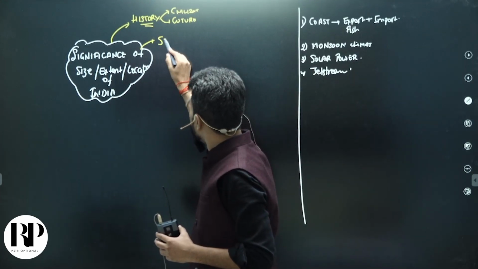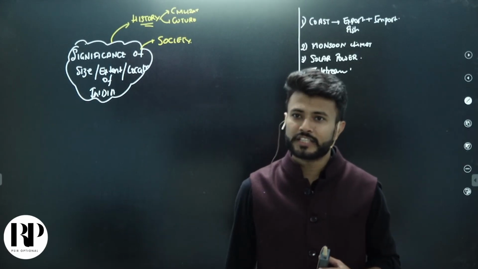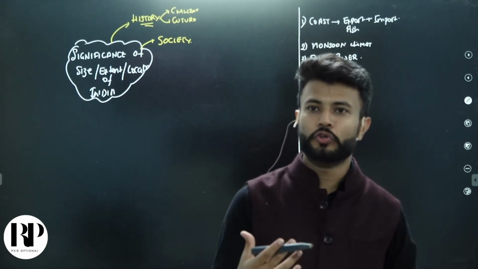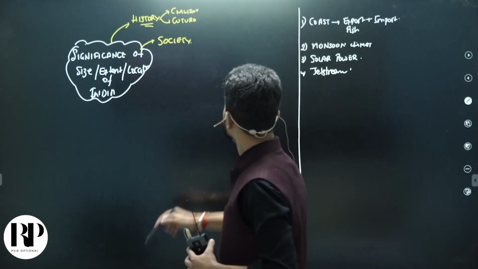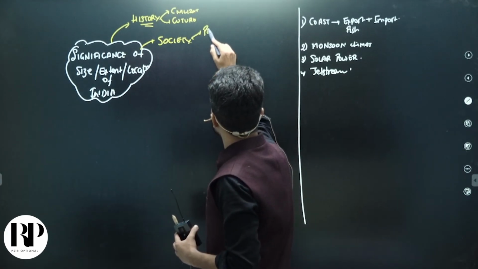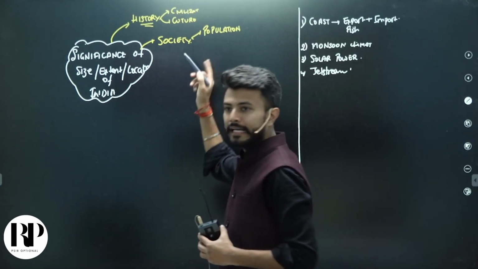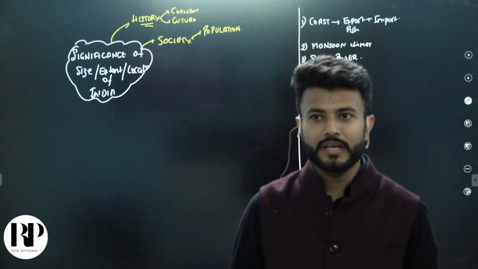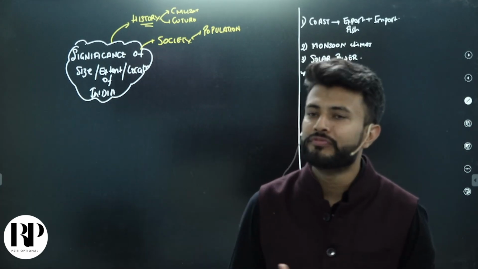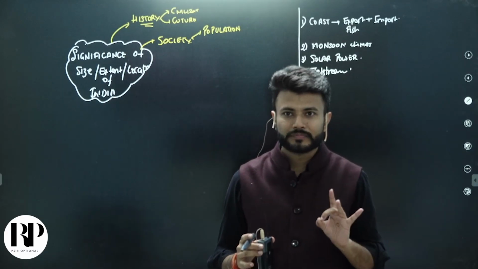From history, now the second section is society, General Studies Paper 1. So what is the social significance? Because India is a large country, that means India has a huge population. Now, the huge population of India is a merit as well as a demerit also.